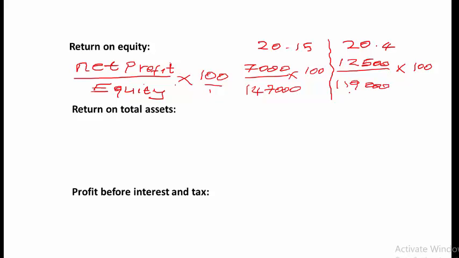So once you have put this down, you can start calculating. For your calculation, you'll find that the return on equity for 2015 was 4.76 percent as I round off, right? And for 2014 it was 10.5% as I round off.